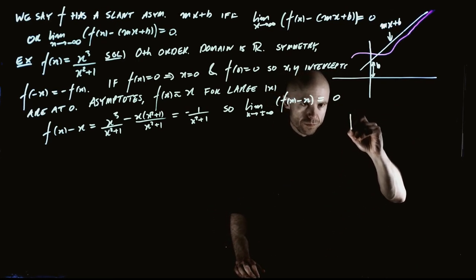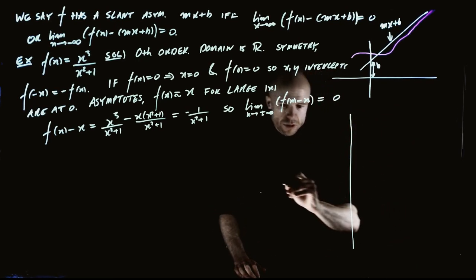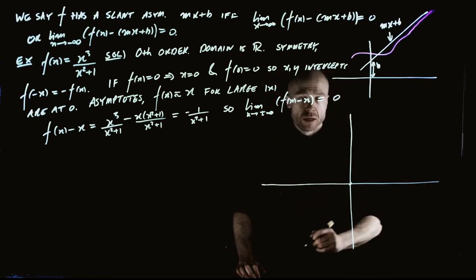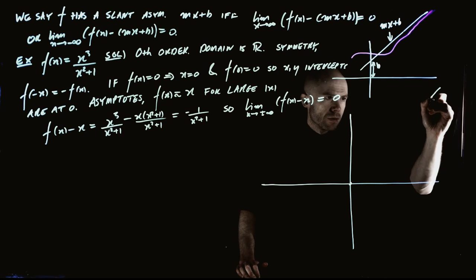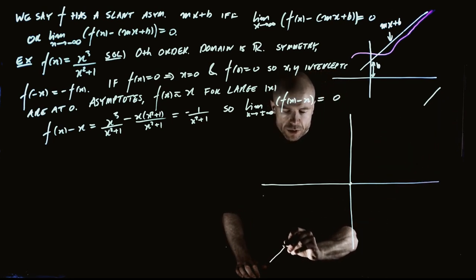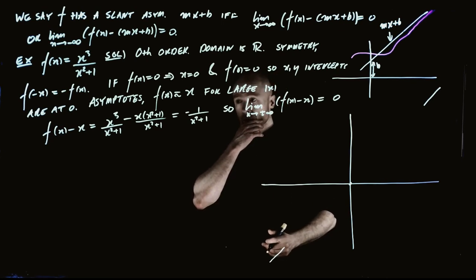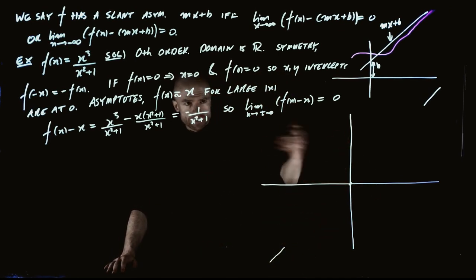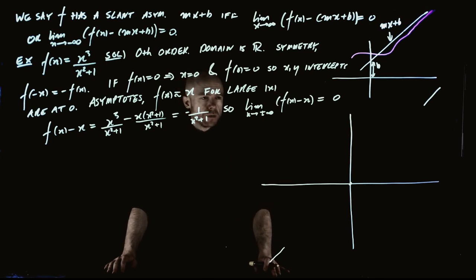So what do we know? We know it's crossing at 0 right here. We know it's like x for x with the absolute value of x very big. We know it's anti-symmetric. We will use that later.